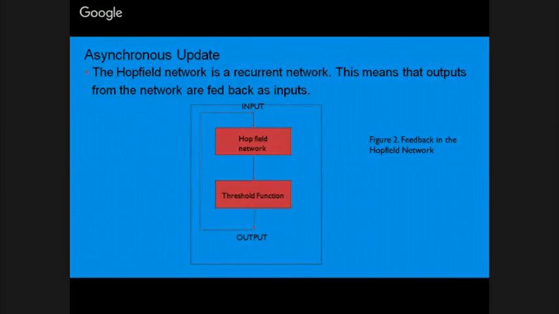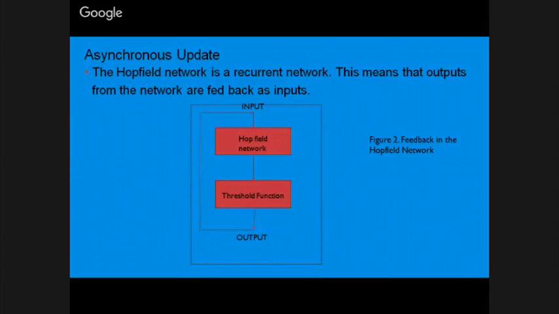But if you see the structure of the network, the output of the second neuron is the input for the first neuron. So when the output of the second neuron changes, the input of the first neuron also changes. So it has to be done actually asynchronously.